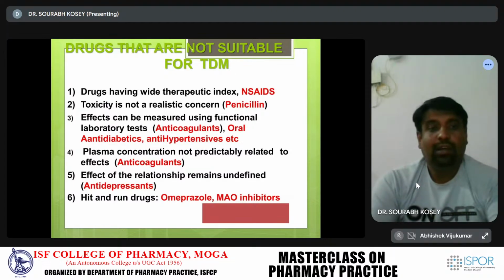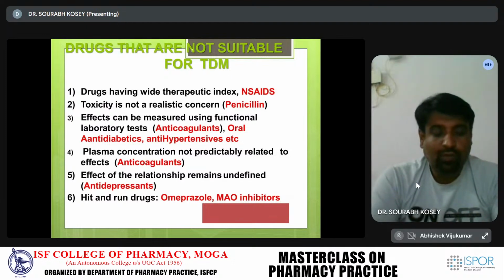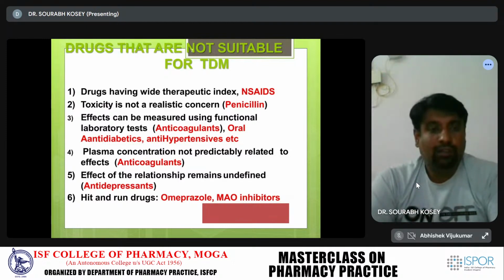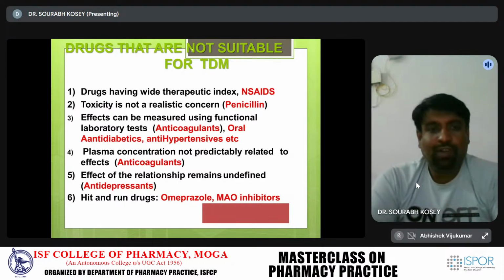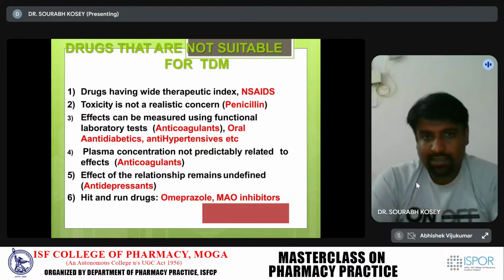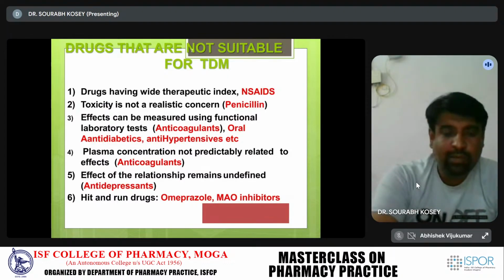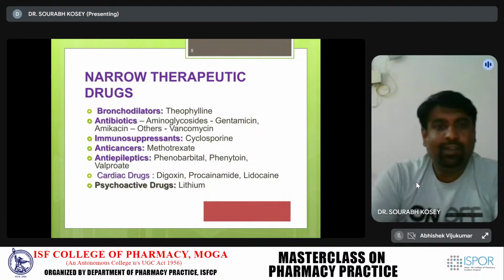So in this concept, we need to see the toxicity, profiling and toxicity. So for that, a toxic dose is defined. Effects which can be measured using functional laboratory tests like anticoagulants, oral antidiabetics, antihypertensives, etc. Plasma concentrations not predictably related to effects like anticoagulants, and effects of the relationship remains undefined like antidepressants, hit and run drugs like omeprazole, MAO inhibitors, some medicines with narrow therapeutic index.